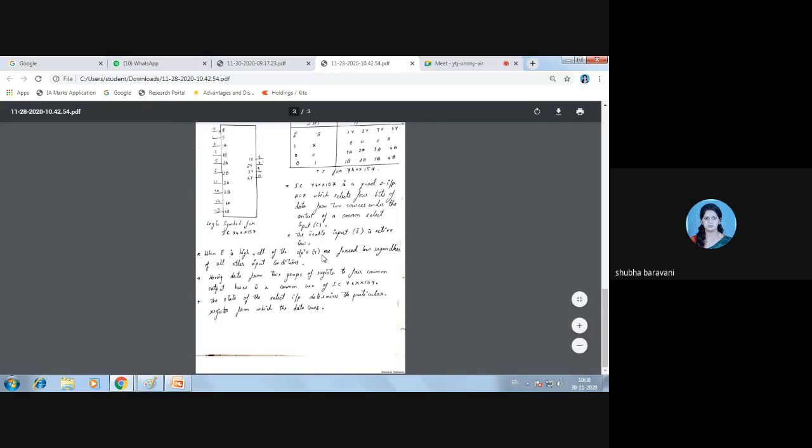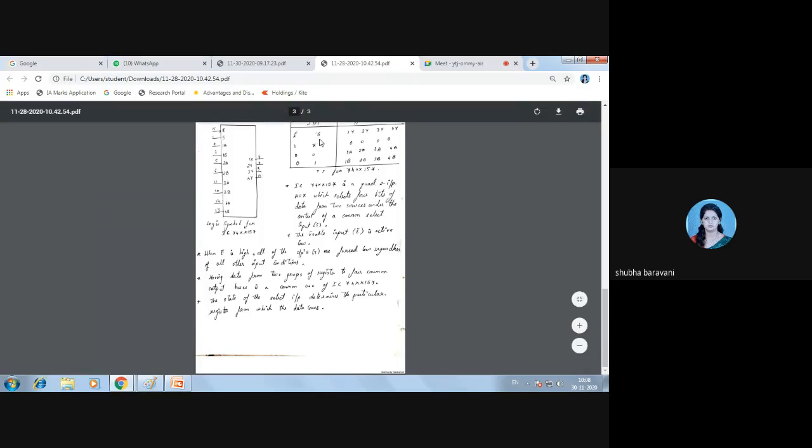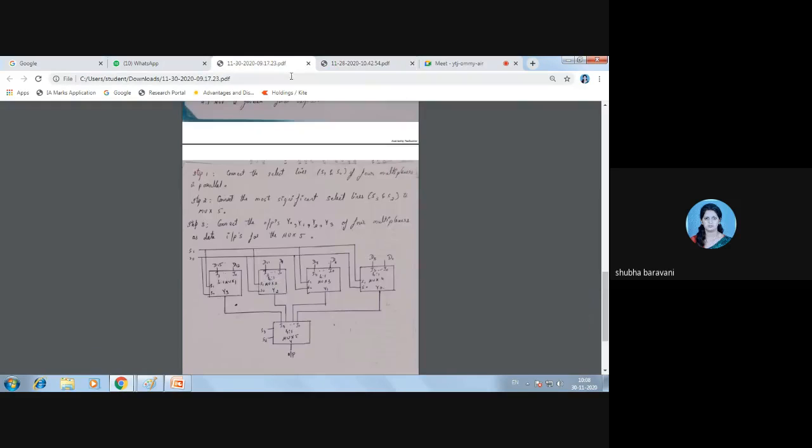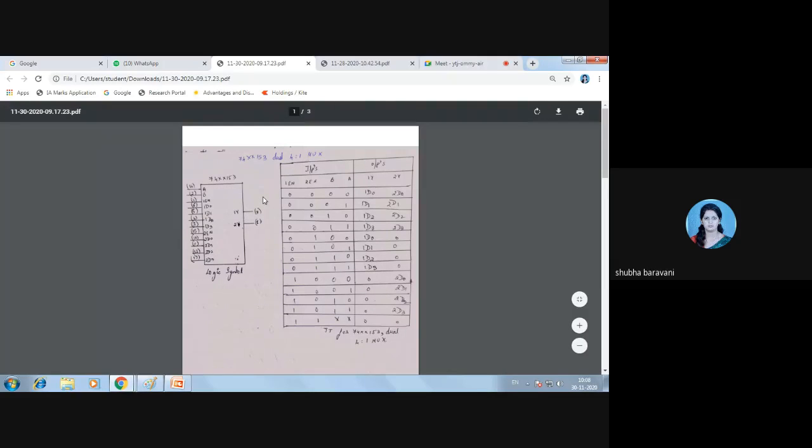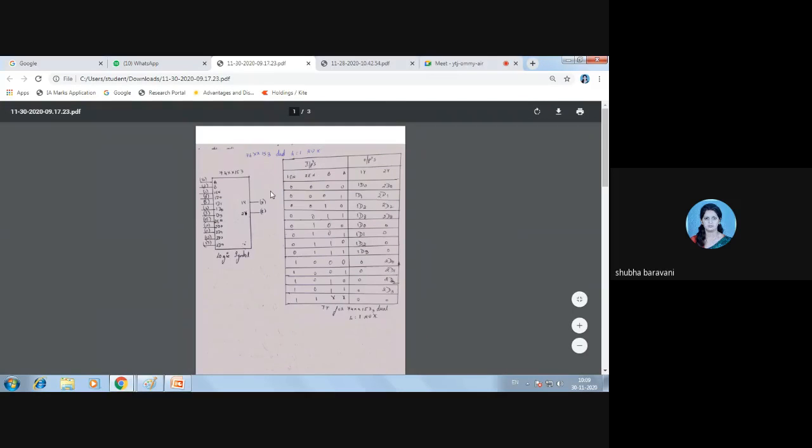Similarly, this is dual 2 input mux, which means 2 register inputs. Similarly, we have one more, which is dual 4 is to 1 mux.